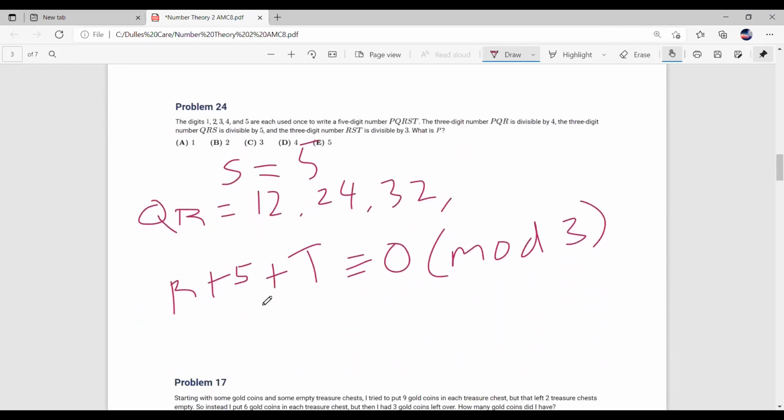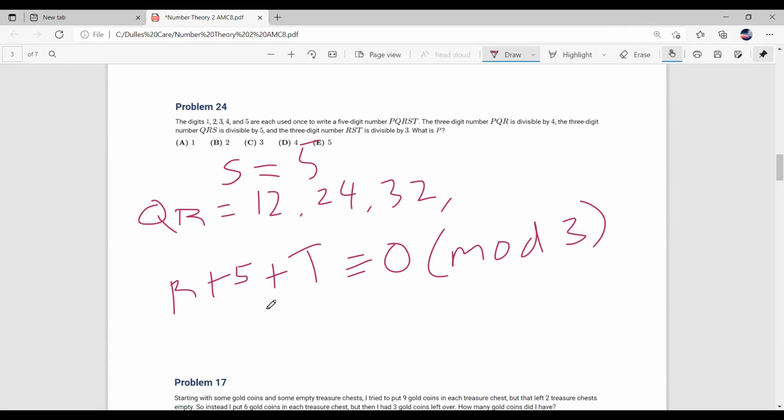And so then what does that make of T? What are the multiples of 3 that are bigger than 5? That would give us 6. 6 can't work, because R is at least 2, so 7 at least. So then we have 9, right? If R is equal to 2, then T is also equal to 2.